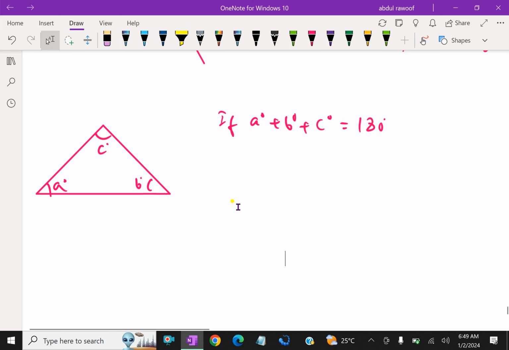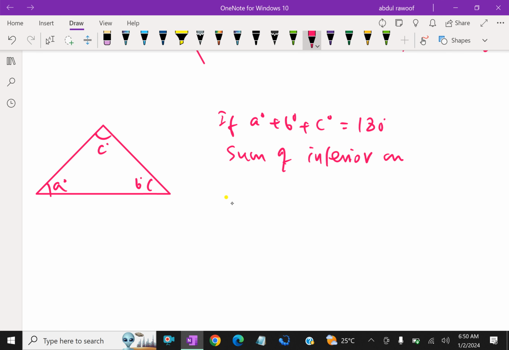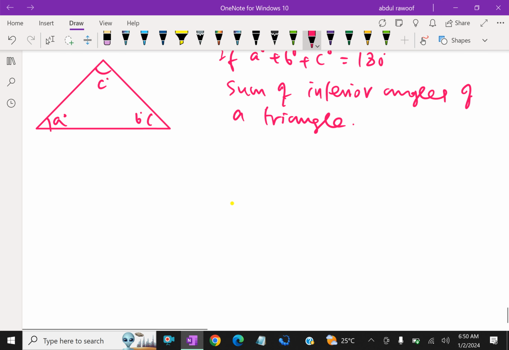This is called the sum of interior angles. The sum of interior angles of a triangle is 180 degrees.